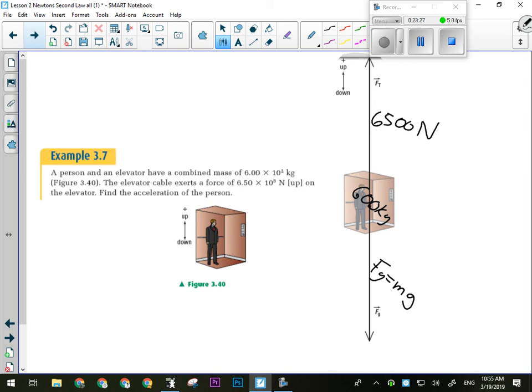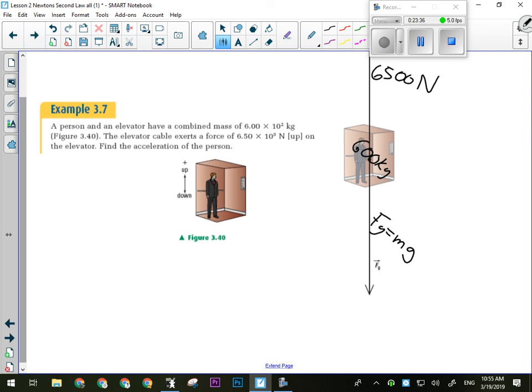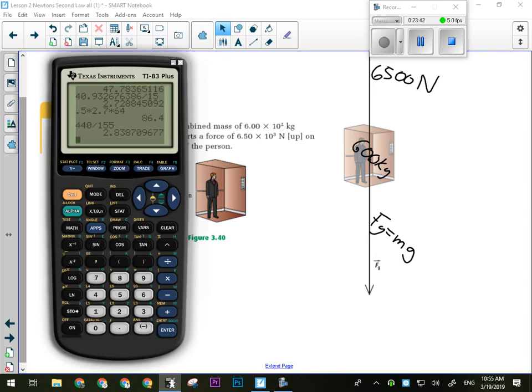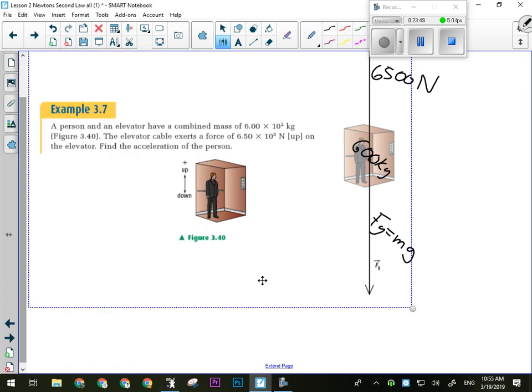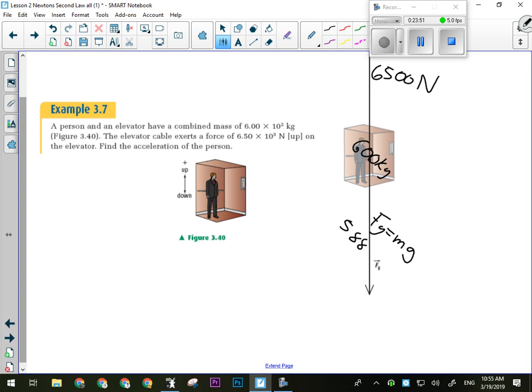Any individual force is mass times the acceleration that force can produce. So in this case, we've got mass times gravity. That'll be 600 kilograms times 9.81. So we're looking at 5,886 newtons.